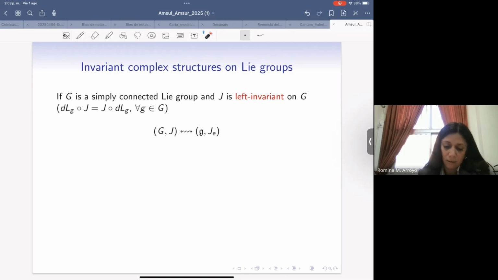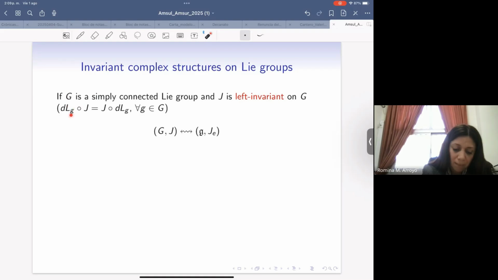A class of complex structures on groups, which are called left-invariant complex structures. So here G will denote a simply connected Lie group. A Lie group is a manifold which also has a group structure, and both structures are compatible in the sense that the multiplication in the group is smooth.